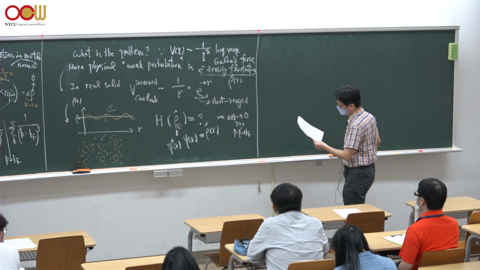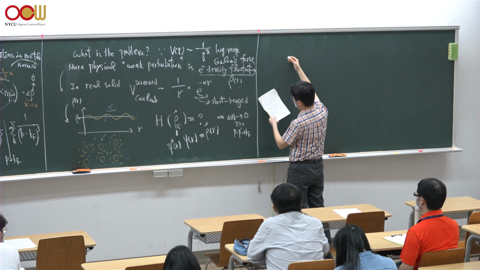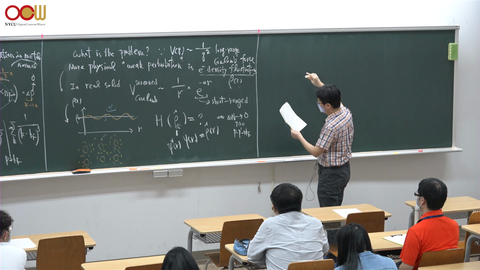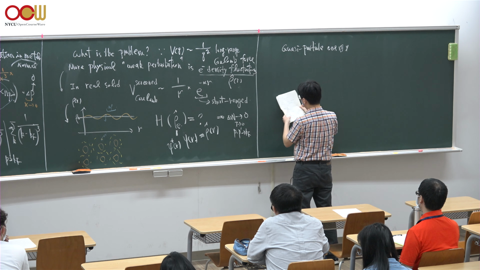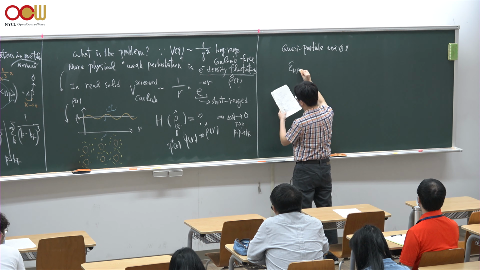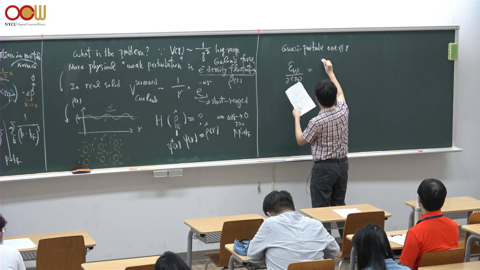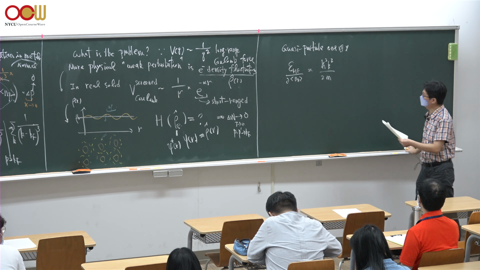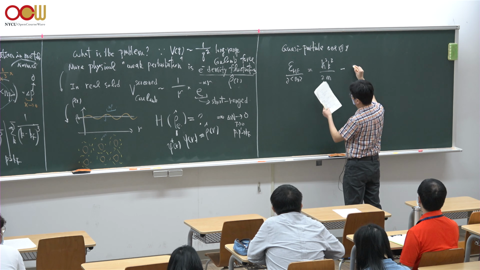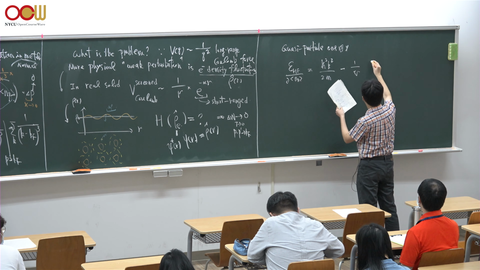Let's look at another quantity related to electron-hole pair excitations, called the electron quasi-particle energy. Remember, the Hartree-Fock energy per electron is given by the single-particle kinetic energy for an electron at state k, subtracted by the exchange energy, the Fock term.